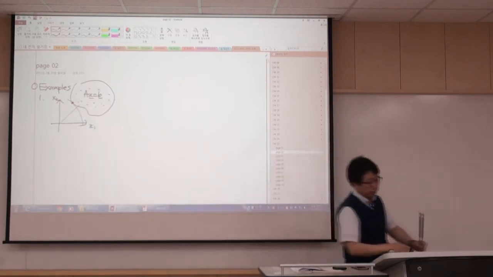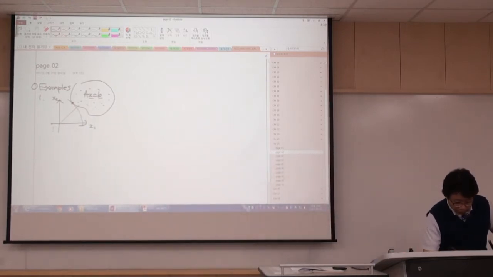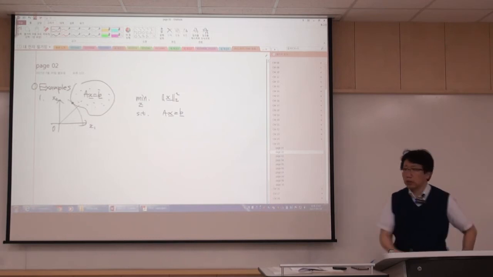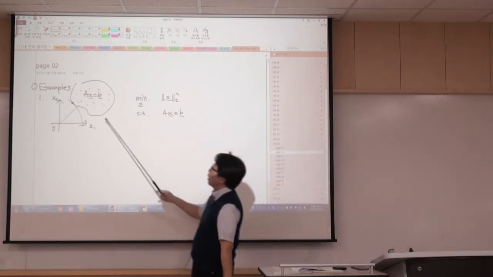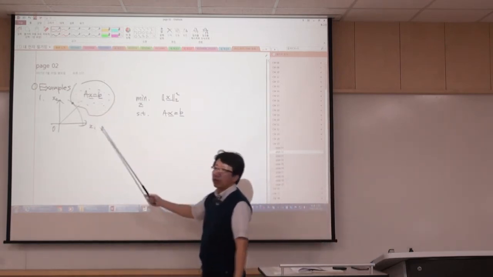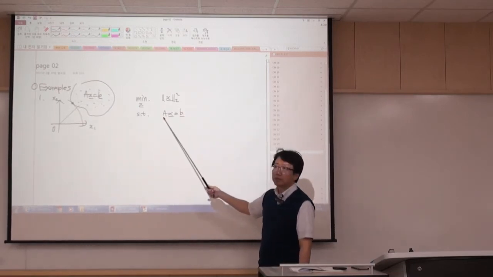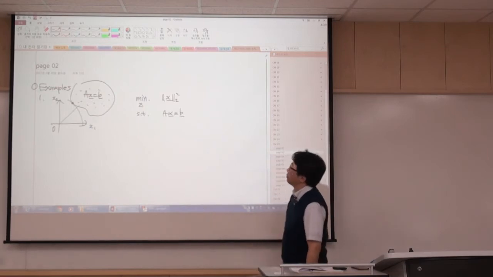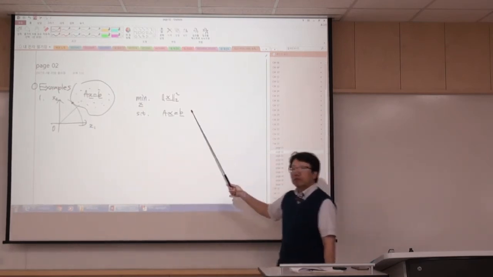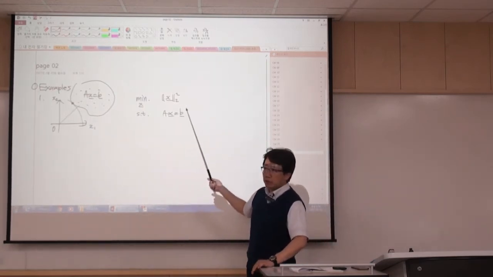Got it? Two norm squared subject to AX equals B. Of course, in order to have a non-empty constraint set, definitely B is in the range of matrix A. Right? This problem is actually very important.